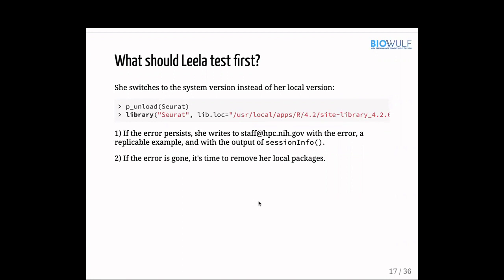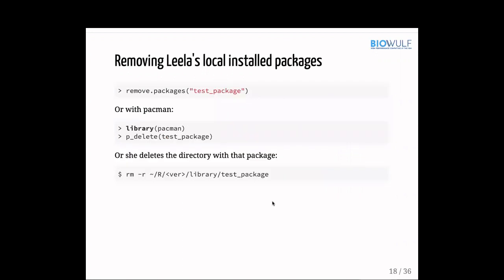So that's why we always suggest to check if the library is available first, and then use your local version if necessary. Again, it's also because Seurat is a highly frequently used library. So the next thing Lila would want to do is remove her local installed package.